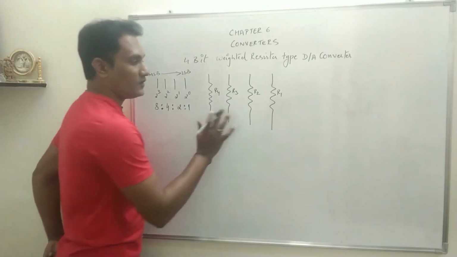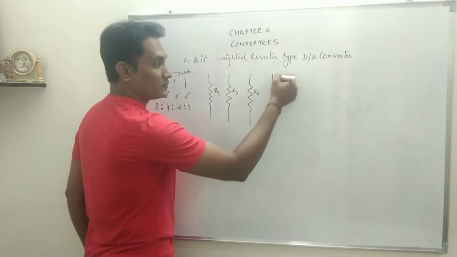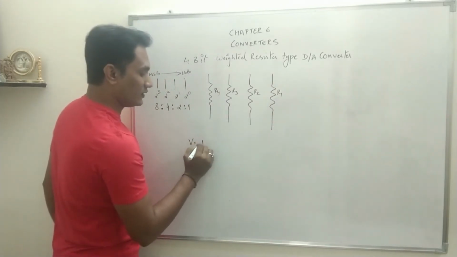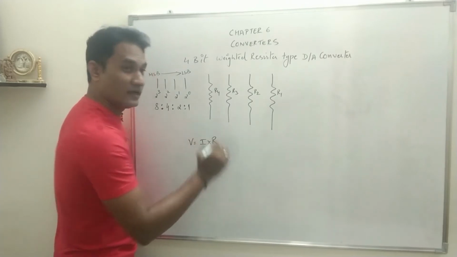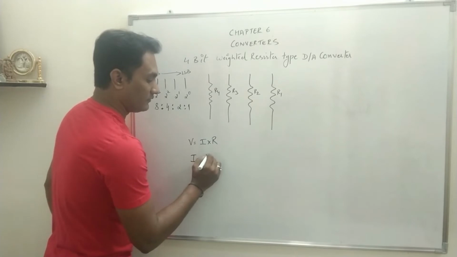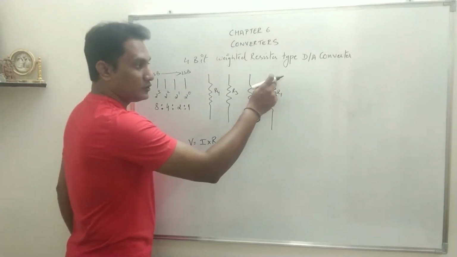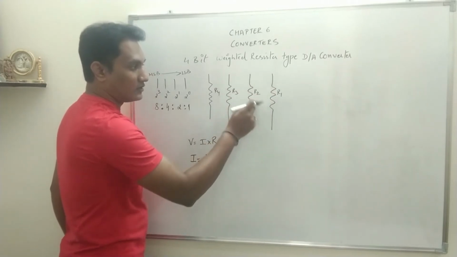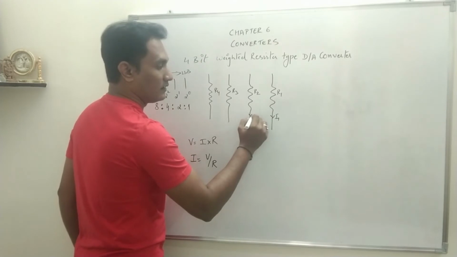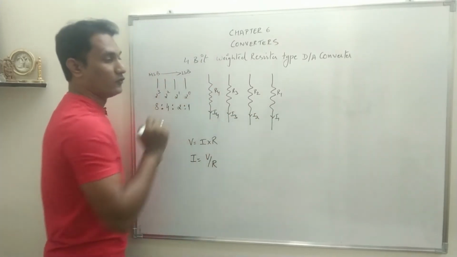The resistance values we select will define the current which will be flowing, and you know voltage is equal to current multiplied by resistance. So the current will be V upon R. The currents flowing through R1, R2, R3 and R4 be I1, I2, I3 and I4.